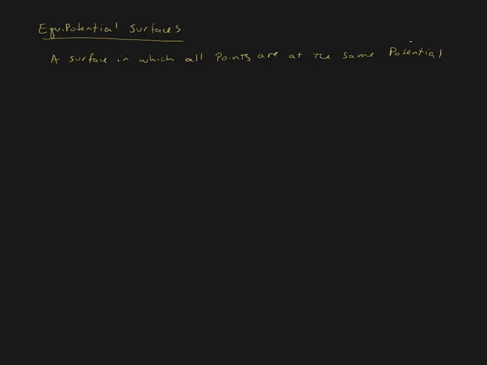Because gravity is a uniform field down here at this level, the equipotential surface for a uniform electric field is also going to be a plane. And we see that whenever we have parallel plates. Now, it doesn't have to be a flat plane.